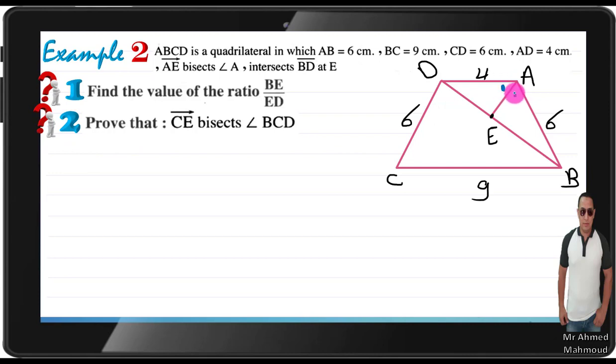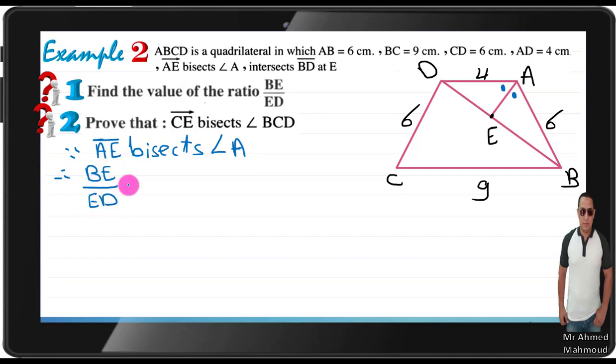Now, this bisects the angle. Since AE bisects angle A, therefore BE over ED equals AB over AD, which equals 6 over 4, which equals 3 over 2.